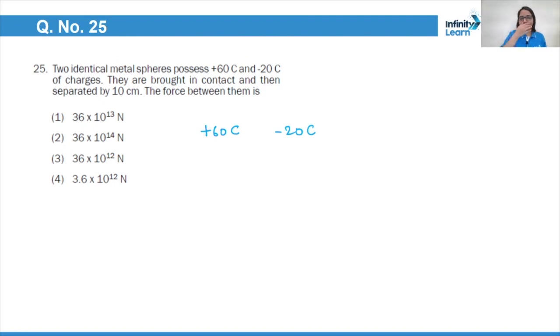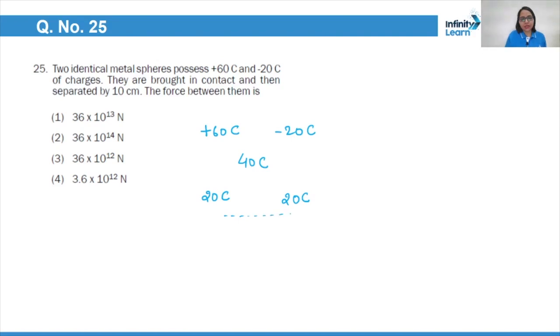Since we have identical metal spheres, we can say that the charge will distribute equally. And after the charge becomes equal on both spheres, the charge transfer will stop, right? So total charge is 60 minus 20, which is 40 coulomb. Out of 40 coulomb, 20 coulomb will be on the first sphere and 20 coulomb on the next sphere, right?